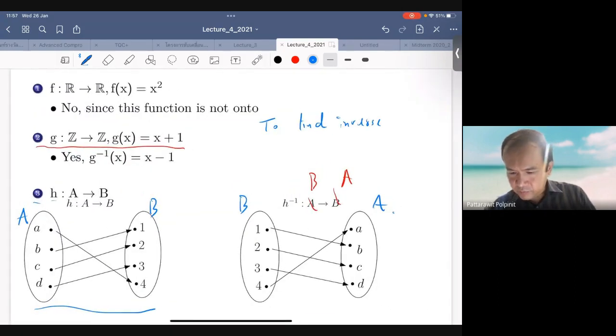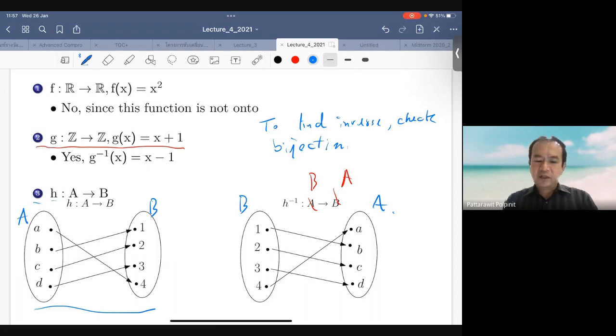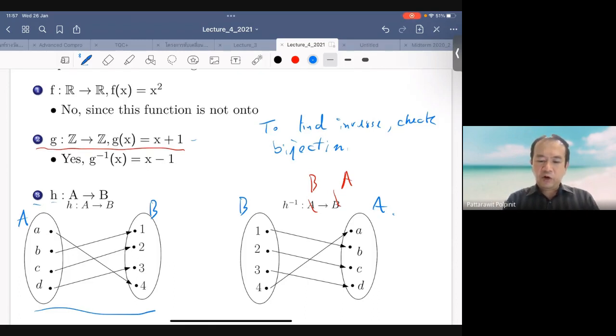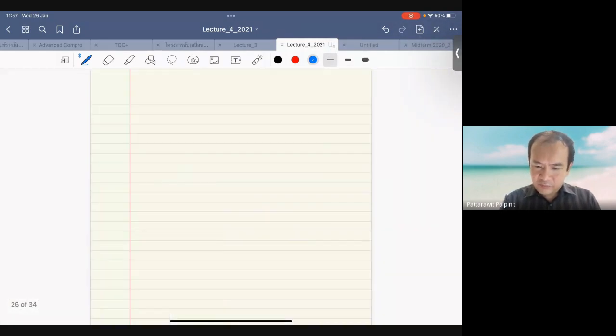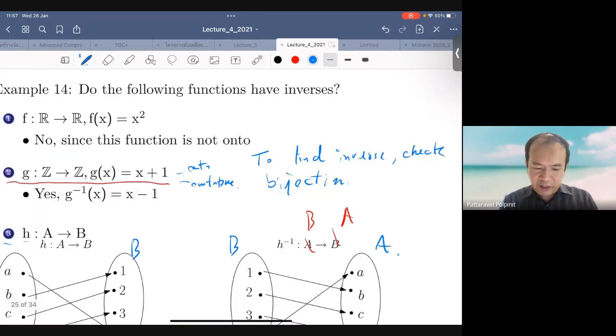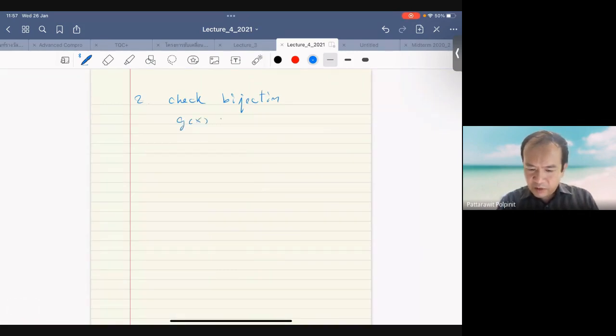To find an inverse, you must first check whether the function is a bijection. For g it is a bijection, onto for sure. So we swap. We have the function g of x equals x plus 1, so y equals x plus 1. The way we find the inverse function, we just swap x to y and y to x. So basically you have x equal to y plus 1.